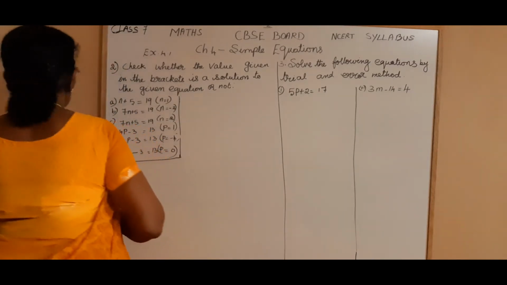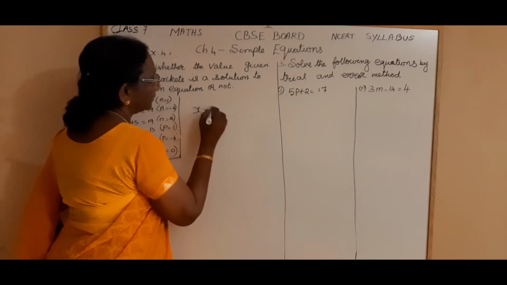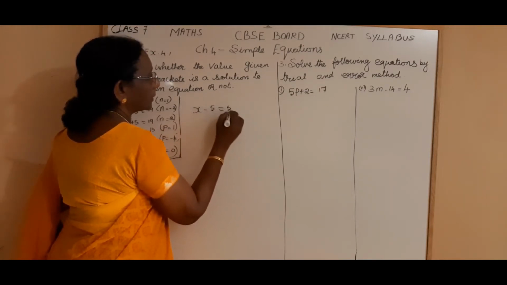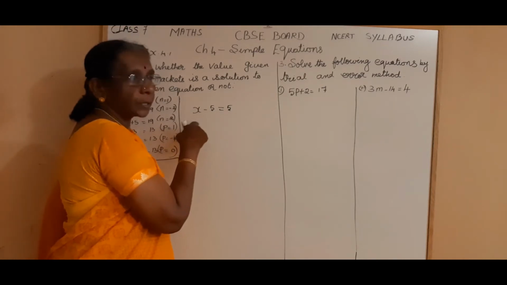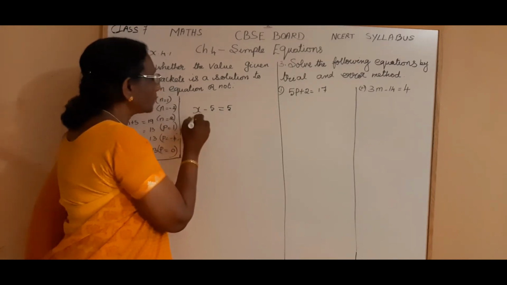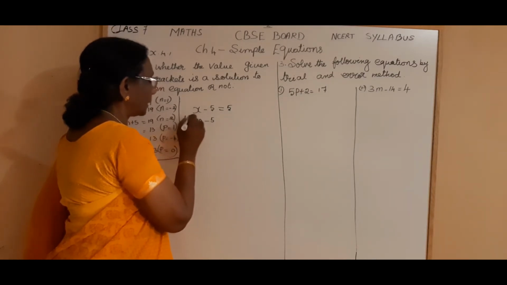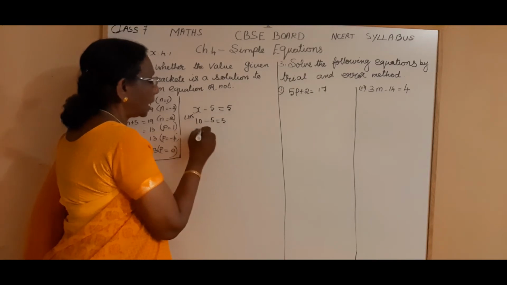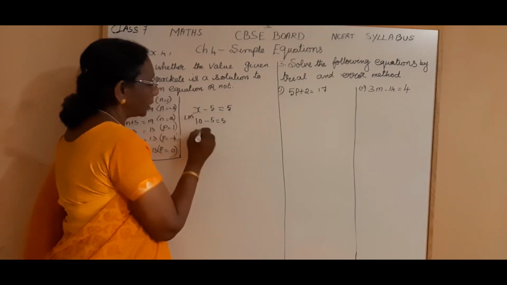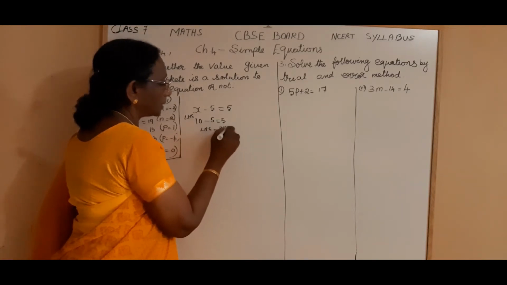Suppose you are given x minus 5 is equal to 5. So, what number do you have to put in this? If you put 10, 10 minus 5, the LHS will become 5. Now, the RHS is also 5. Therefore, LHS is equal to RHS.